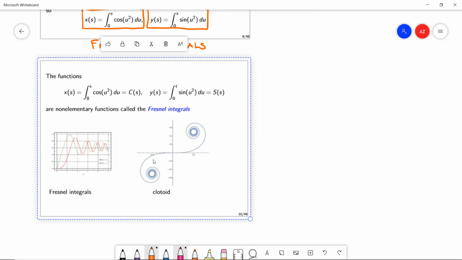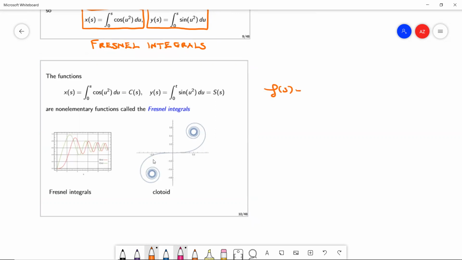And then if we draw f of s, which is x of s, y of s, we get this curve, the so-called clothoid. As s grows, this curve does these circles, and for negative s it does the same. It's the same picture, only in the fourth quadrant.